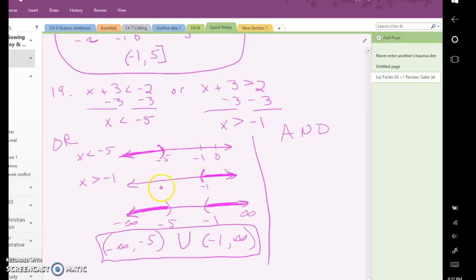There's no place on a number line where you get something that's here and also here. So since those two graphs don't overlap, that means there is no solution. Your answer is just a plain old blank number line and there is no solution.